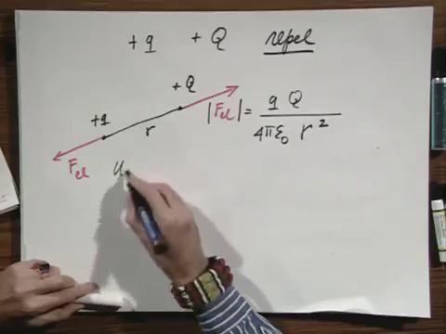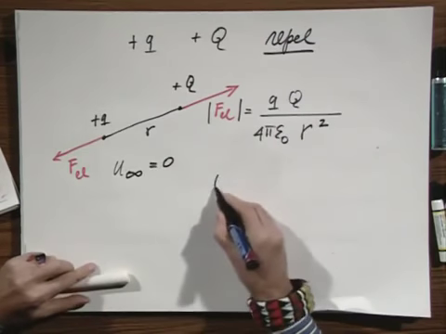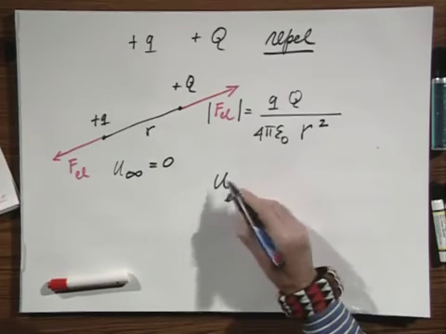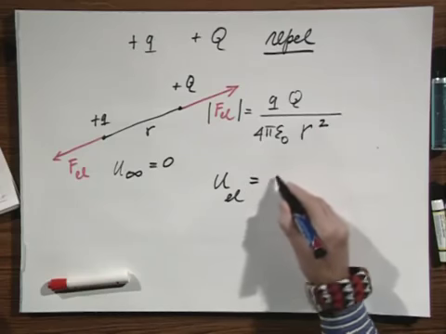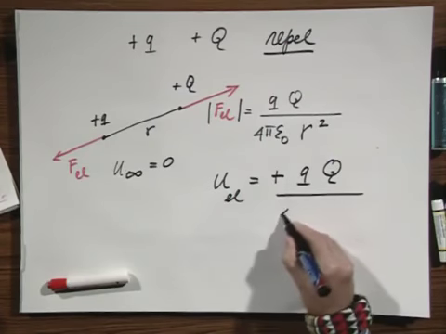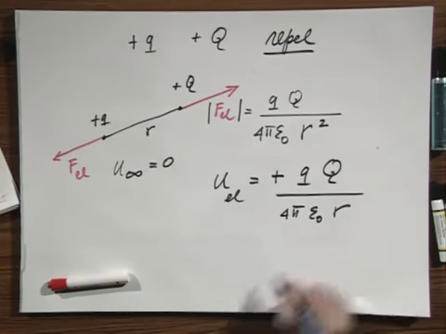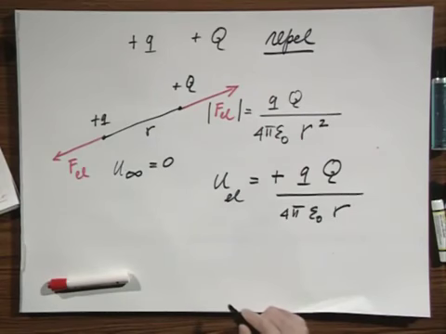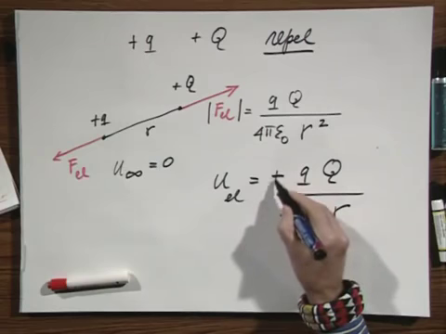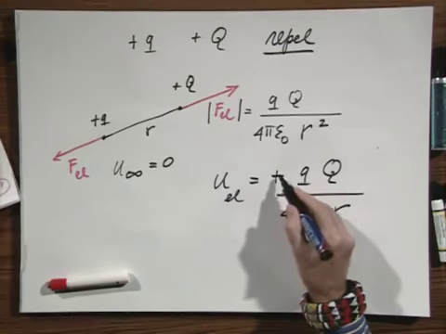And if again I assume that the potential energy at infinity is 0, I now get that the electrostatic potential energy, not gravitational but electrostatic, equals plus q times capital Q divided by 4 pi epsilon 0 r. This is nearly identical to gravity, except that with gravity we had a minus, and here we have a plus.